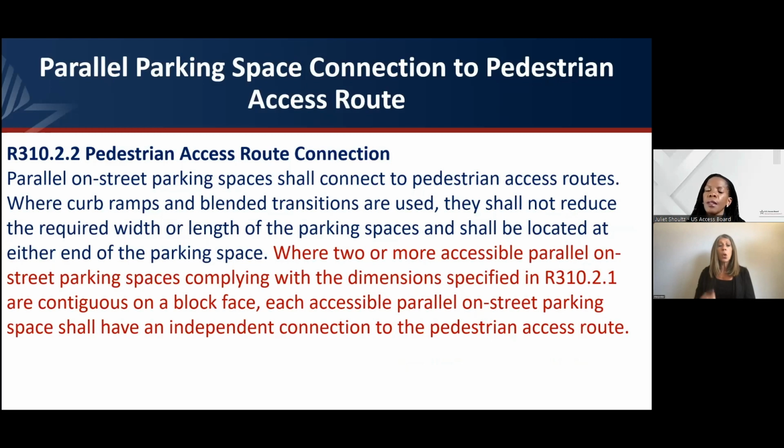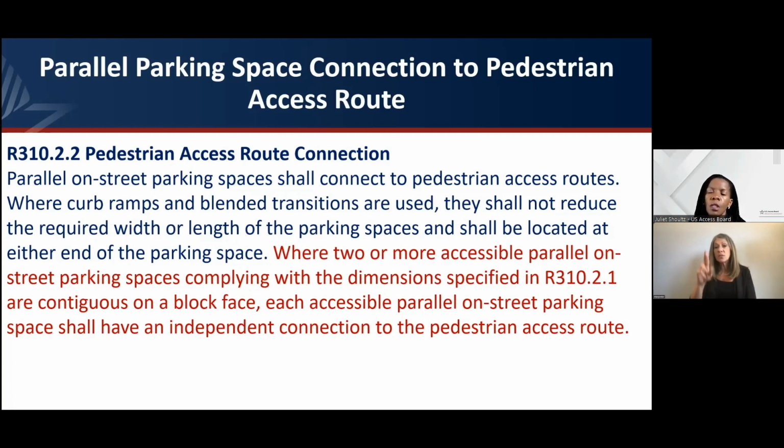We clarified the requirement for connecting parallel parking spaces to pedestrian access routes. So in the final rule in R310.2.2, pedestrian access route connection, that was always a requirement to connect that access aisle to the pedestrian circulation path. In the final rule, we specify that where you have 2 or more accessible parallel on-street parking spaces that are adjacent to each other, each accessible parallel on-street parking space needs to have its own connection to the pedestrian access route.